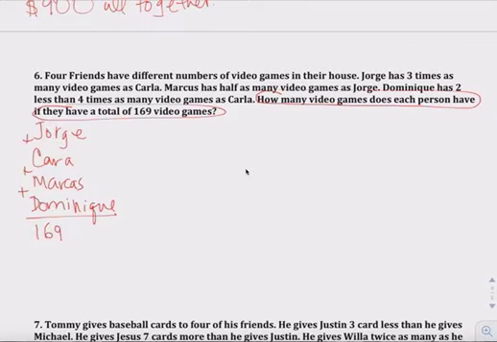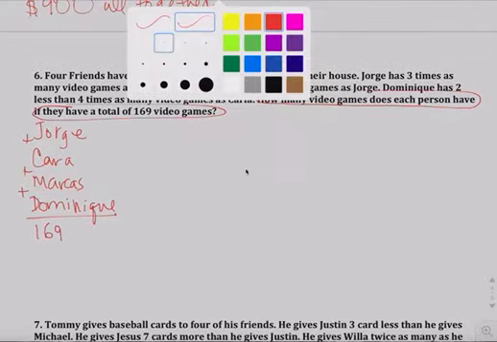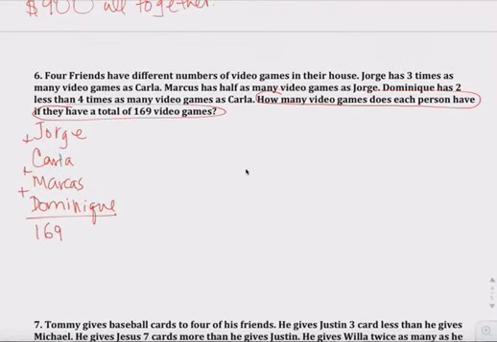So, Jorge has 3 times as many video games as Carla. We don't know how many Carla has, so Carla is going to get the x. 3 times Carla, which is 3x. Okay, I'm going to erase this to shorten it because I won't have much room.